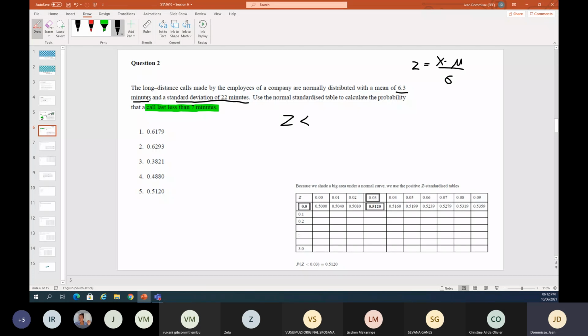It tells me it is normally distributed with mean 6.3, so that is your mu. Less than 7 minutes, that is your x, and you divide it by a standard deviation of 22.